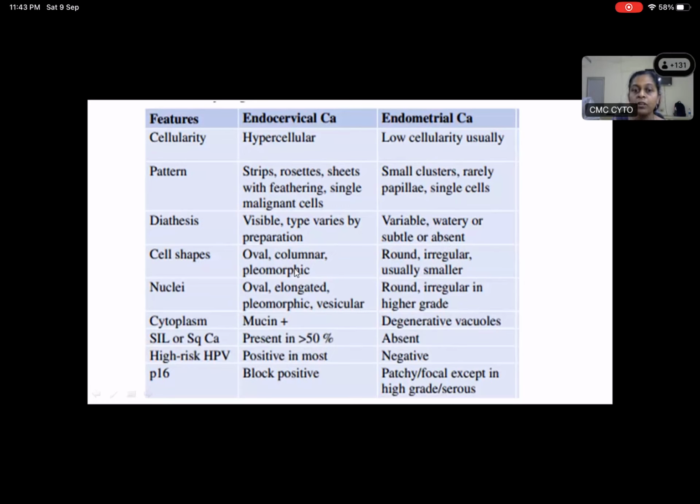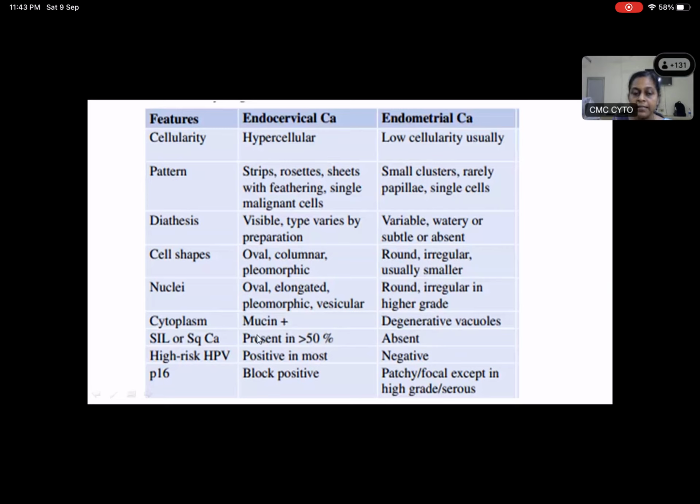Cell shapes in endocervical are oval, columnar, pleomorphic. Here they are round cells. Even the very pleomorphic cells are actually round with irregular appearance sometimes, but they're usually smaller. Nuclei in endocervical are oval, elongated, pleomorphic, vesicular. Here nuclei look higher grade as the grade goes higher. Mucin will be present in endocervical. Here vacuoles will be present.